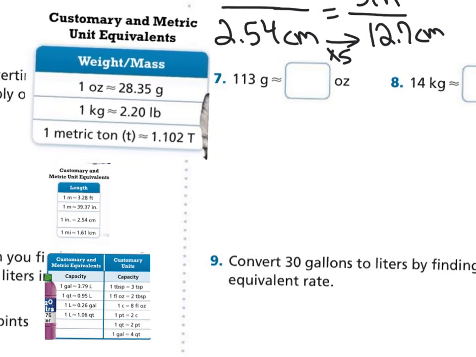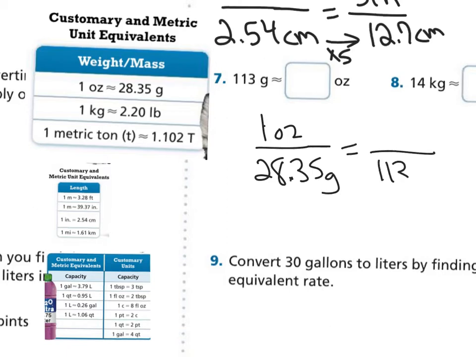So grams and ounces, you can see the first one there. 1 ounce is 28.35 grams. And so we have 113 grams. I don't know nicely how to get from 28.35 to 113, but I can go the other direction by dividing by 28.35.